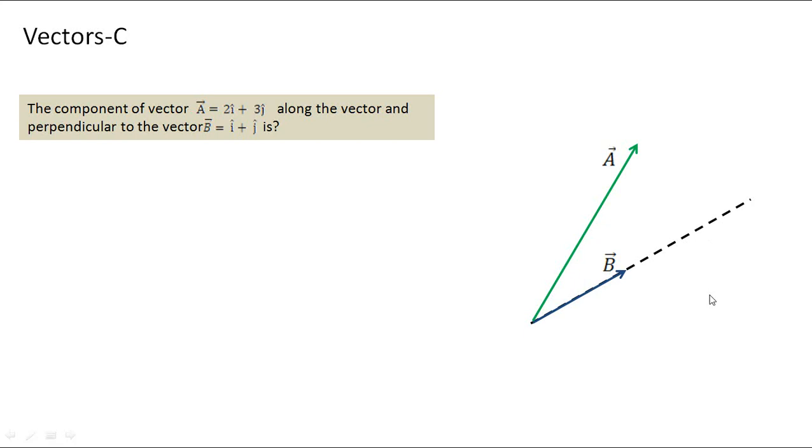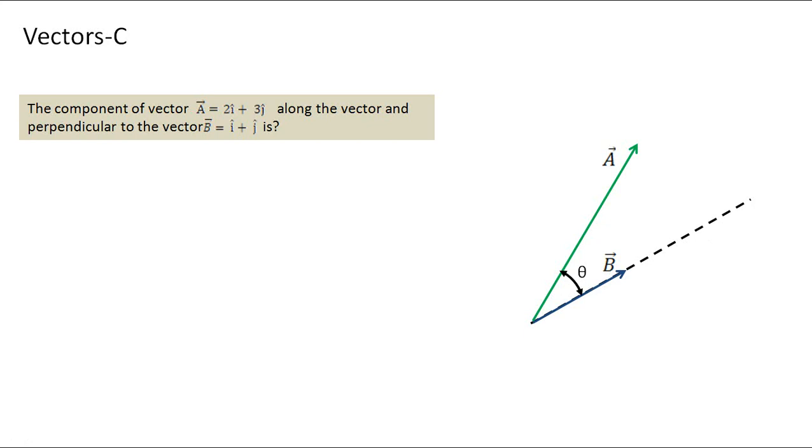This is something similar to components but with a slight change. So conceptually, let's see how to solve. In the case of components, if the vector makes angle theta, the component along the x-axis becomes magnitude of vector times cos theta, and the perpendicular component becomes sin theta.